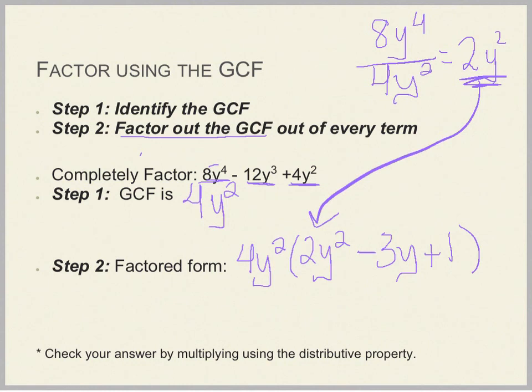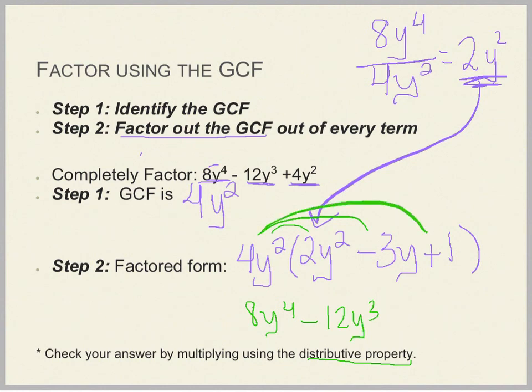In checking my answer, I can use that distributive property. 4y squared times 2y squared is 8y to the fourth. 4y squared times a negative 3y is a negative 12y cubed. And 4y squared times 1 is plus 4y squared.